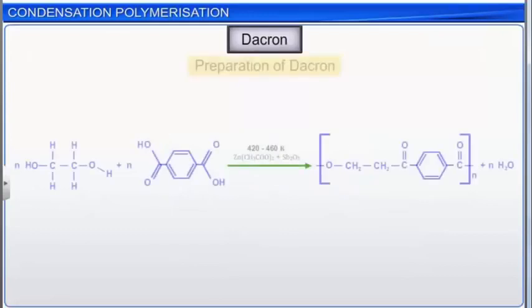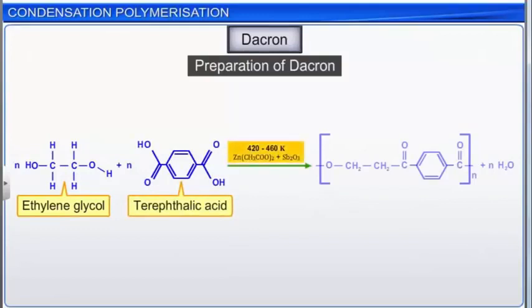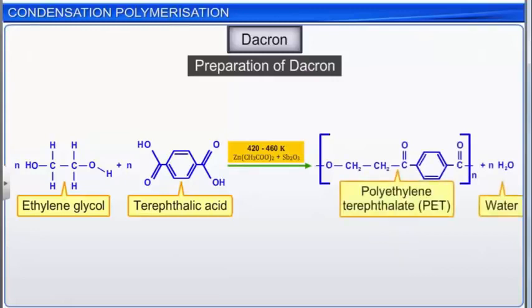To make Dacron, ethylene glycol and terephthalic acid are reacted at 420 to 460 Kelvin in the presence of a zinc acetate, antimony trioxide catalyst. The structure of the repeating unit is shown here.